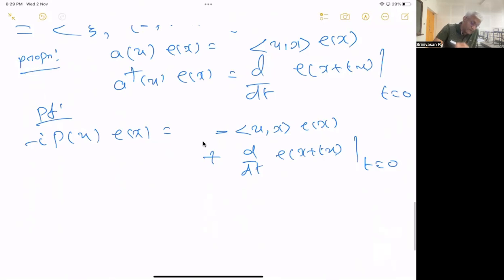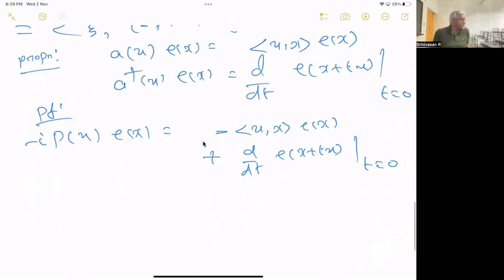Further, AU acting on some V tensor n is equal to the inner product UV times n power half times V tensor n minus 1.